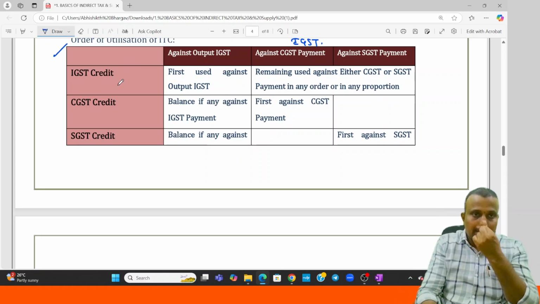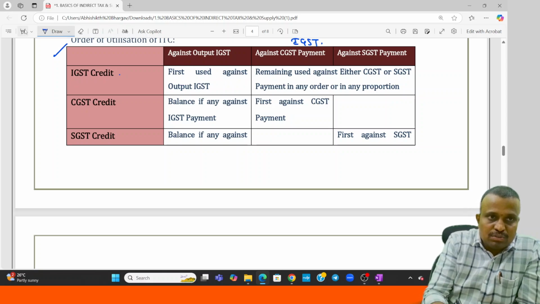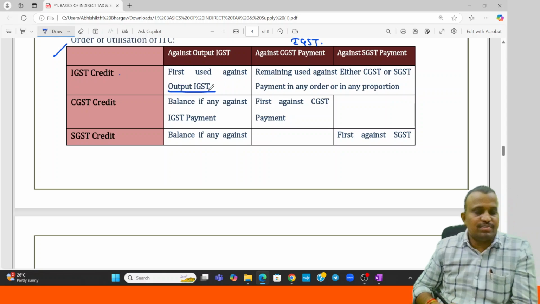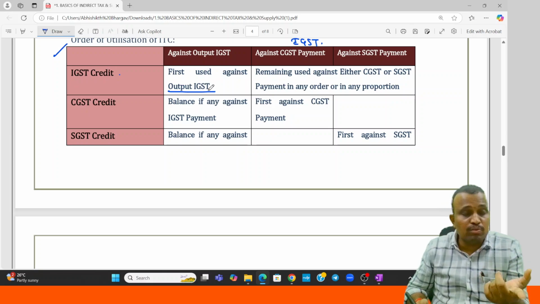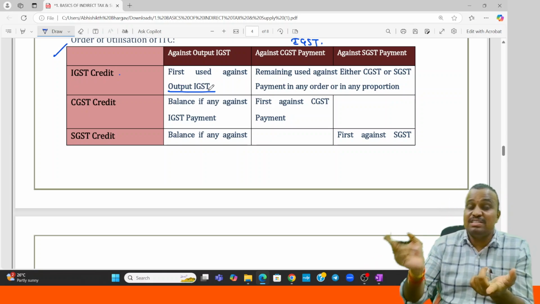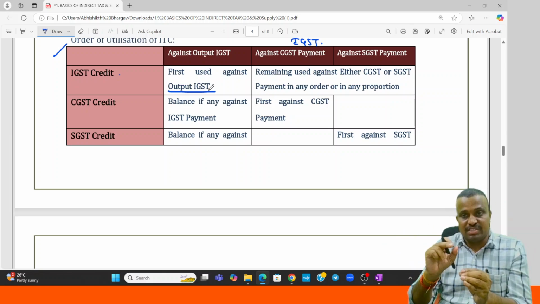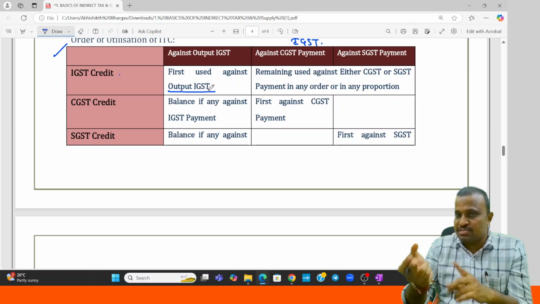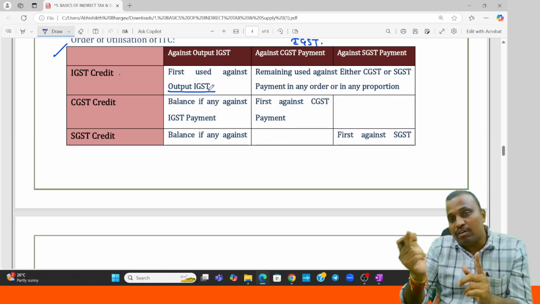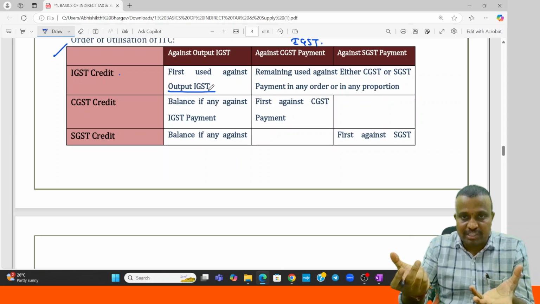So input IGST is first utilized against what? Output IGST. If any surplus input IGST we have, that will be used against either CGST first and later SGST, or first SGST, later CGST, in any proportion.